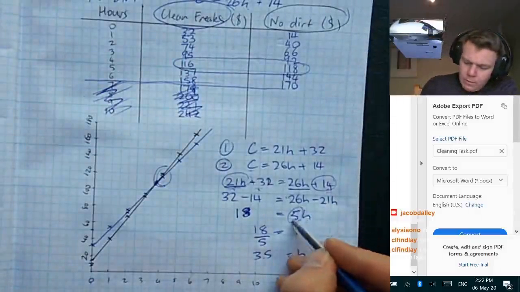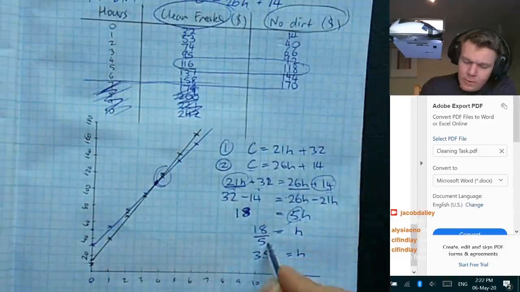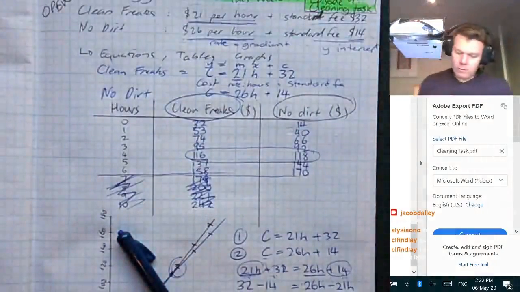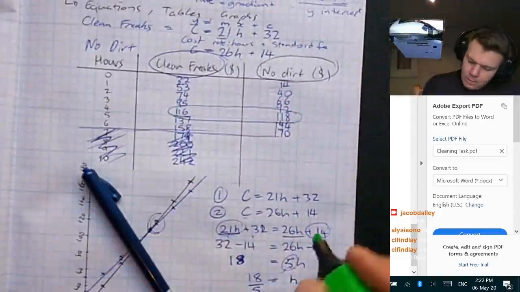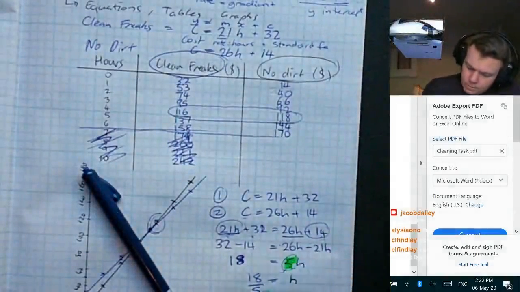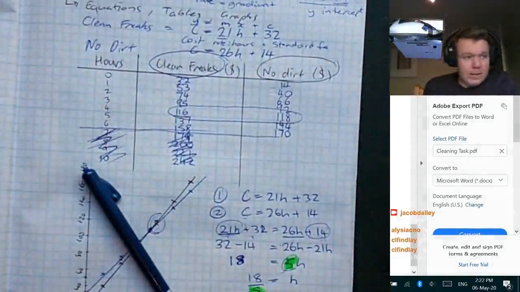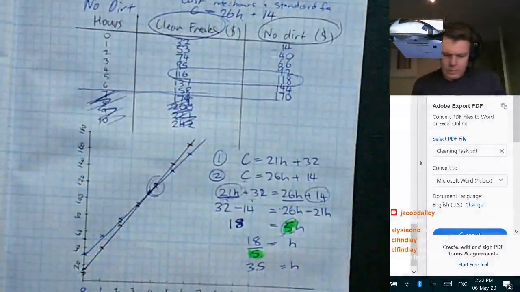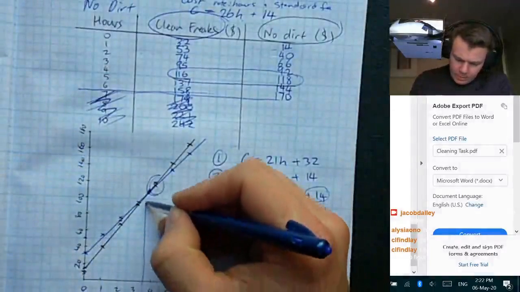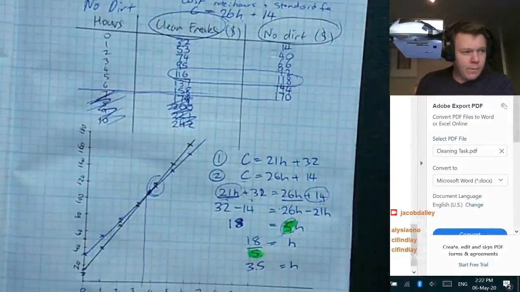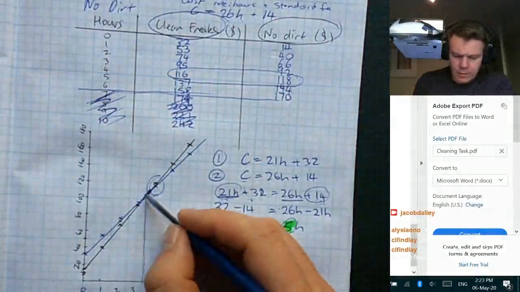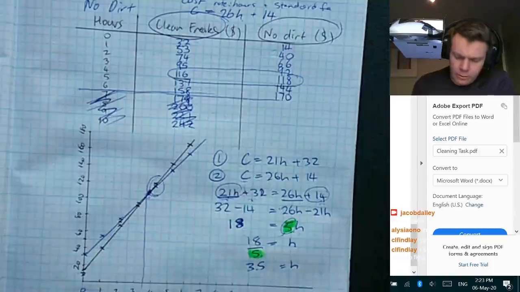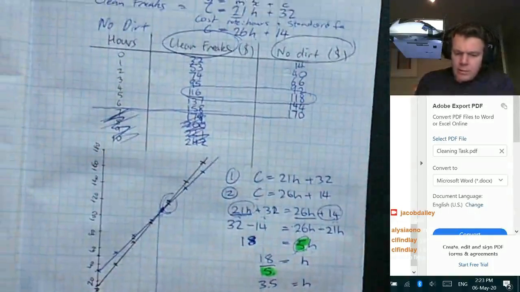So when I move this 5 to the other side, it becomes a divide by. And 18 divided by 5 is 3.5, which kind of lines up pretty accurately on our graph. You could say it's just a little bit off because it's very hard to draw a graph that accurate on a chart like this.